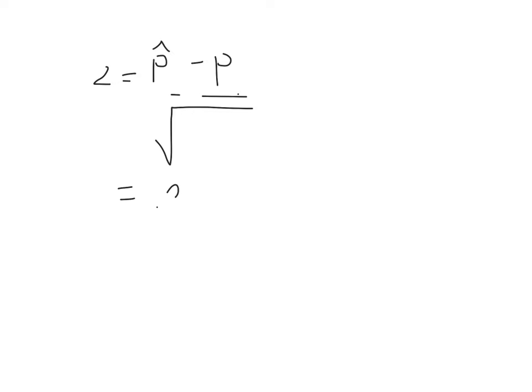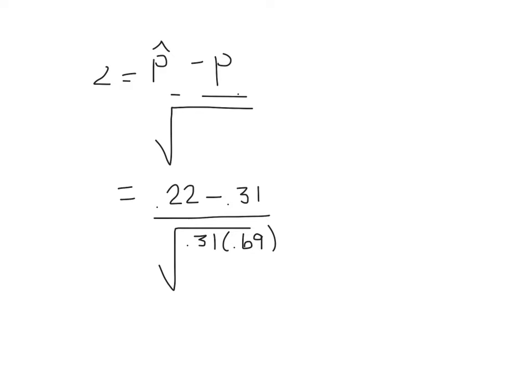So our lower p hat is 0.22. And they claimed that the true proportion was equal to 0.31. And then, of course, we're going to divide by that value that we just calculated a moment ago. So that's the square root of 0.31 times 1 minus 0.31 divided by 227, our sample size. And this will give us our first z-score.